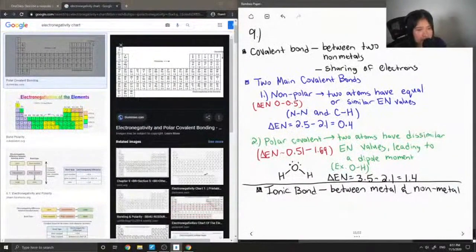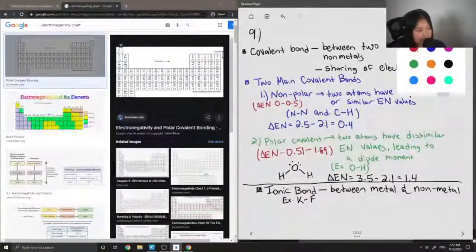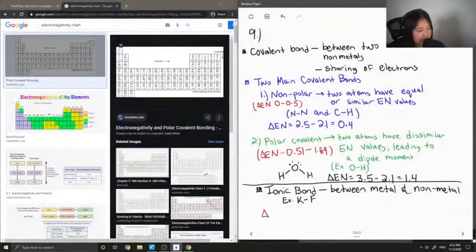So every time you see a metal involved in a bond, you already know that it is ionic. An example of this would be potassium bonded with fluorine. And basically the difference in electronegativity for ionic bonds is typically greater than 1.7.